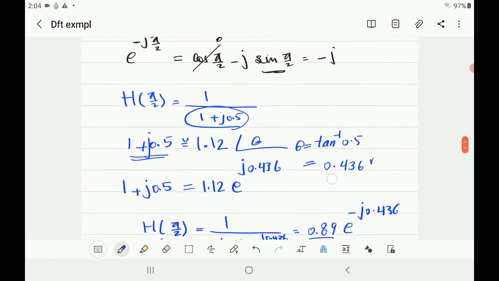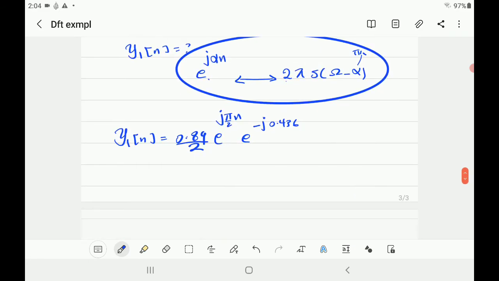Yes, that's right. All right, now you can simplify this. You divide 0.89 by 2, so you have 0.445, and e, you take j as a common factor. What's left here is pi over 2 n minus this constant, 0.436.